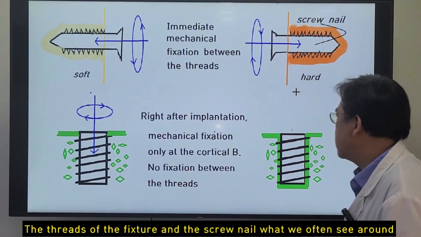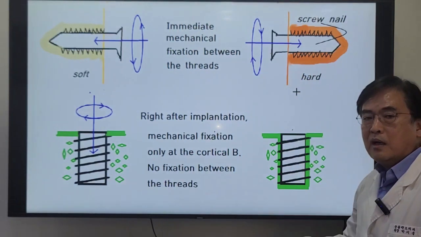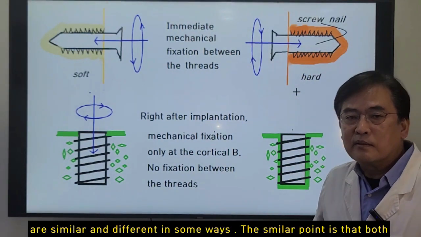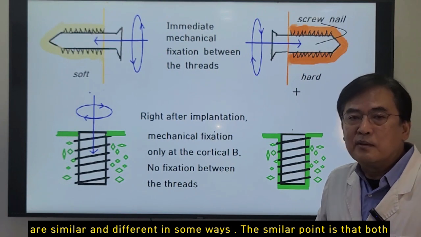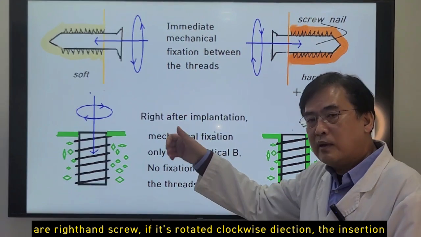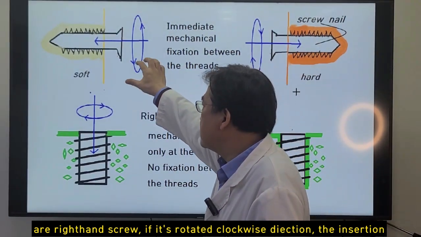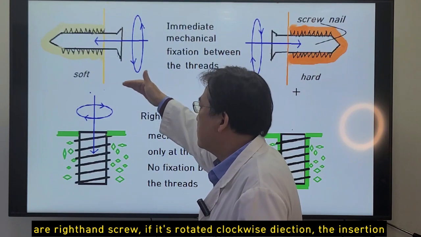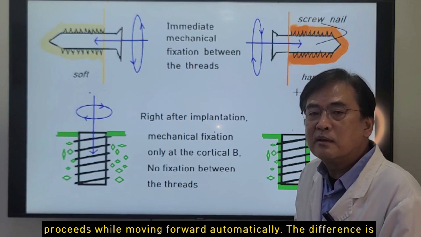The threads of a fixture and a screw nail, which we often see around, are similar and different in some ways. The similar point is that both are right-hand screws. If rotated in a clockwise direction, the insertion proceeds while moving forward automatically.